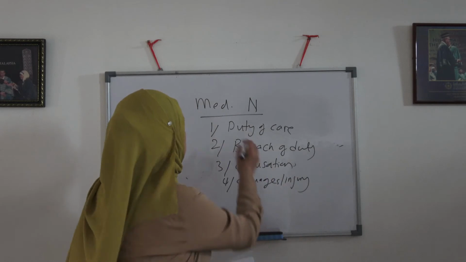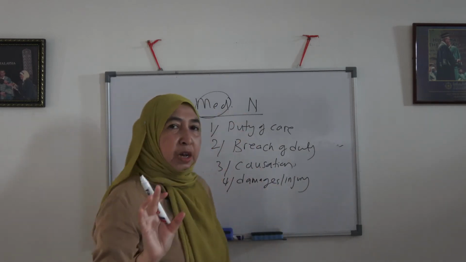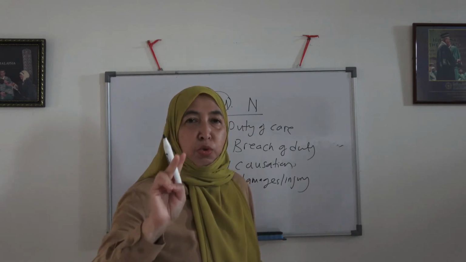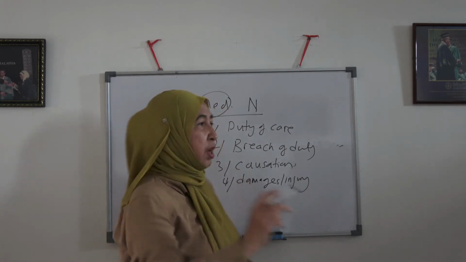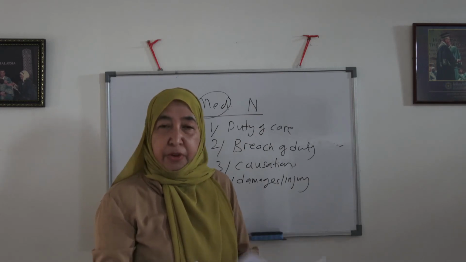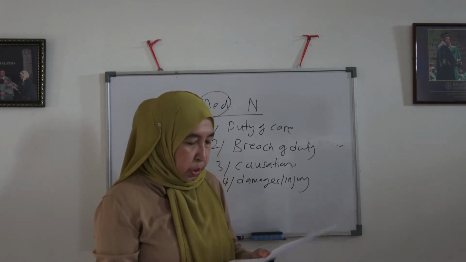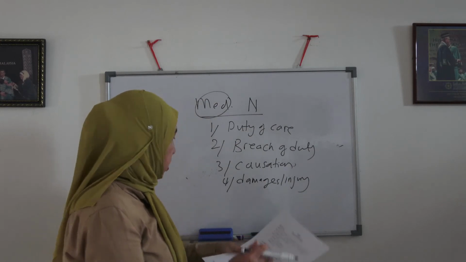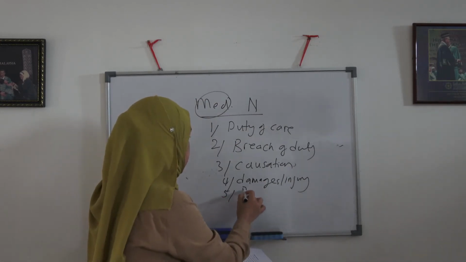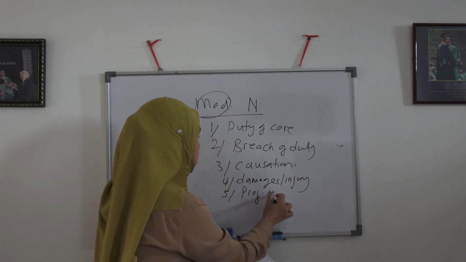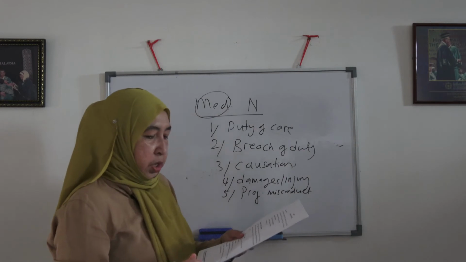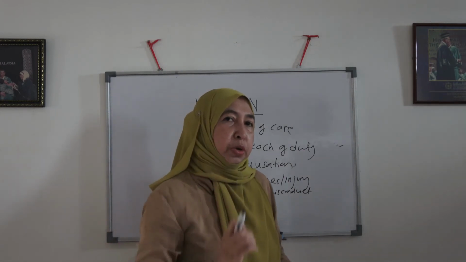But when we talk about medical negligence, we have 2 more elements that must be proved other than these 4 elements. What are those elements? I'm referring to page 13 of your materials. The other 2 elements are number 5, professional misconduct. What is professional misconduct here?